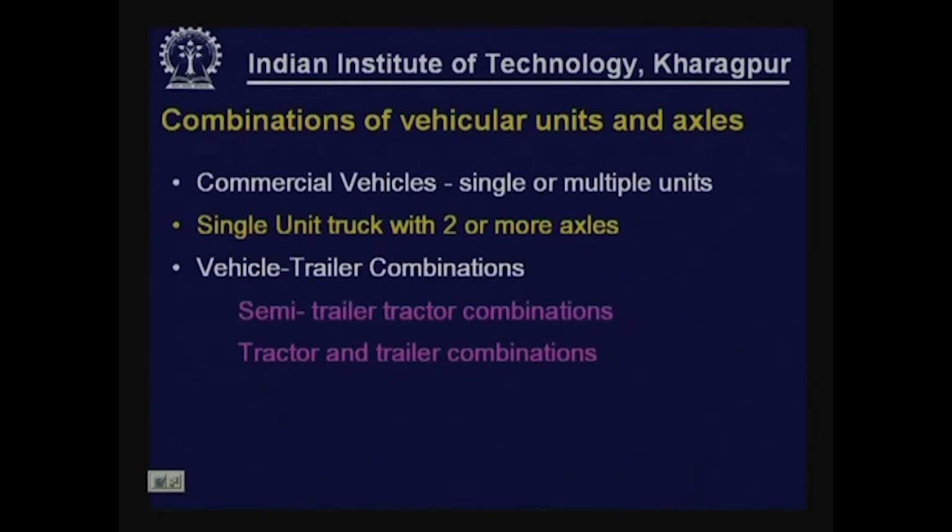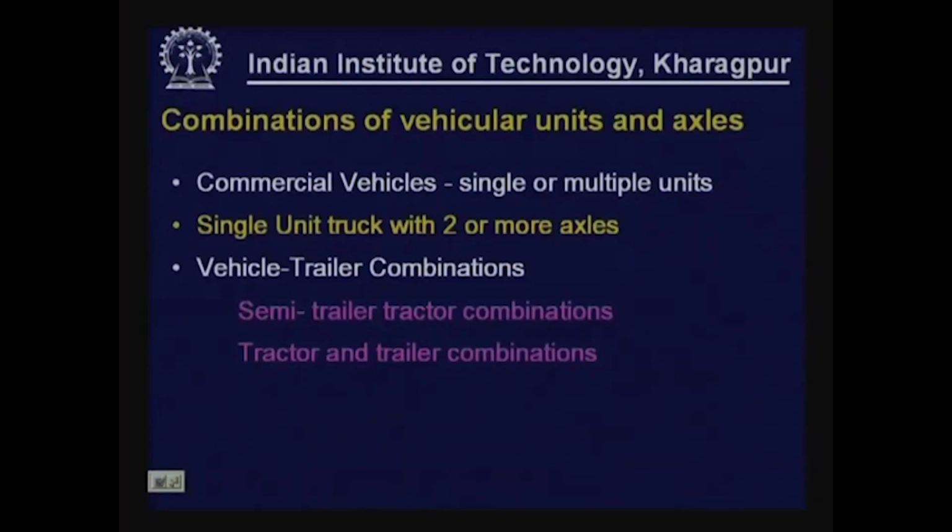It could be only 2 axles, it can be multiple axles, but what is the combination of axles that is there on a given vehicle will decide what is the load that this particular vehicle can carry. As you can see here, commercial vehicles can come either in single or multiple units. It can be one single unit or it can be number of units also.